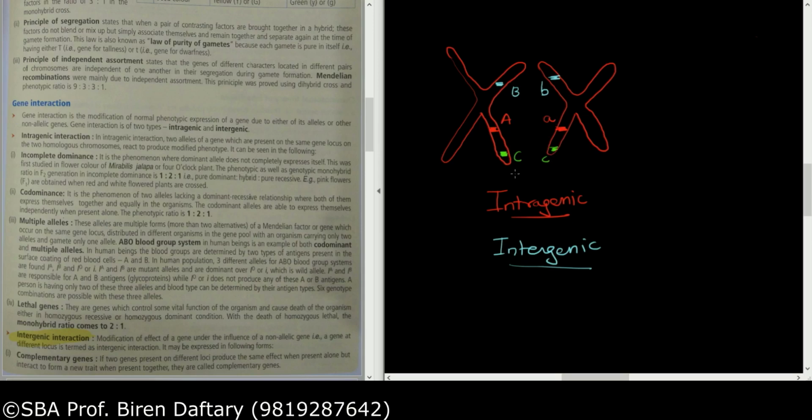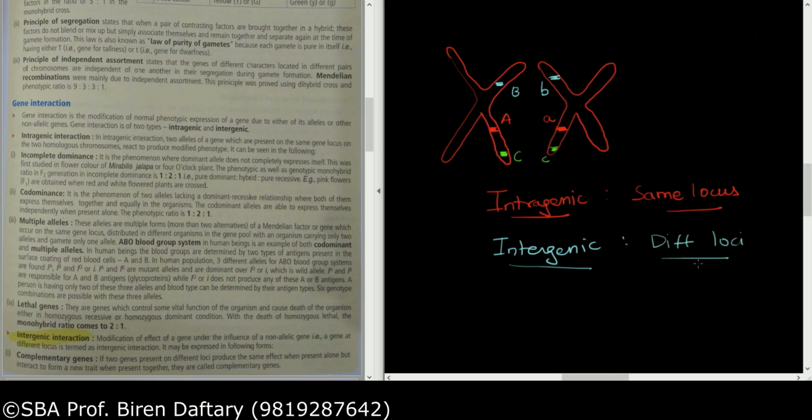So please remember, whenever we are talking about intragenic interactions, it is on the same locus of homologous chromosomes. Whereas if you are talking about intergenic inheritance, the loci are different.